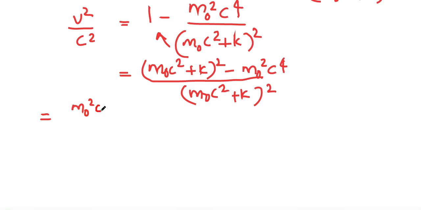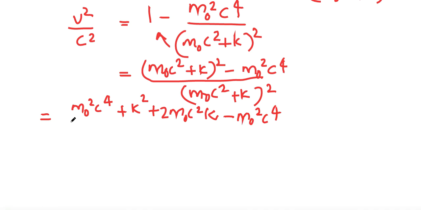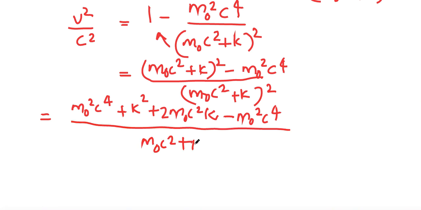This is m0 square c raised to 4 plus K square plus 2 m0 c square K minus m0 square c raised to 4, whole divided by (m0 c square plus K) the whole square.